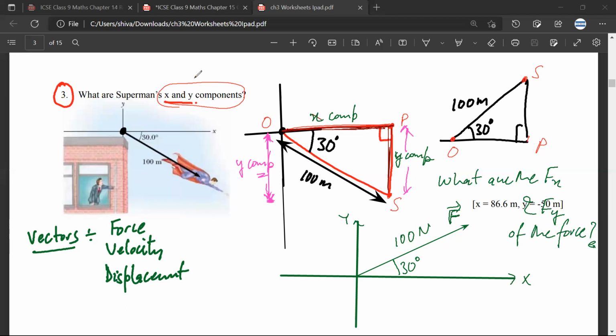What we need to understand is that if I have any vector, that vector can be a force, a velocity, a displacement, momentum, it can be anything. So any vector that I have, I would be able to crack that vector.